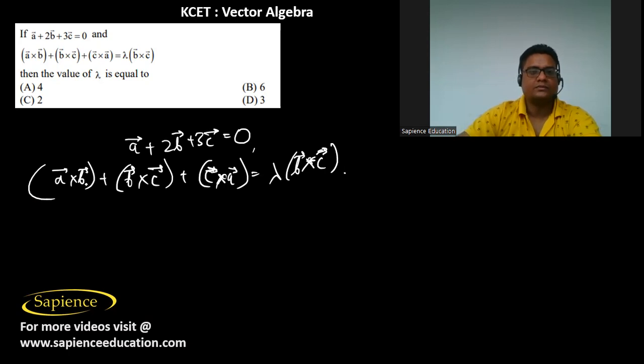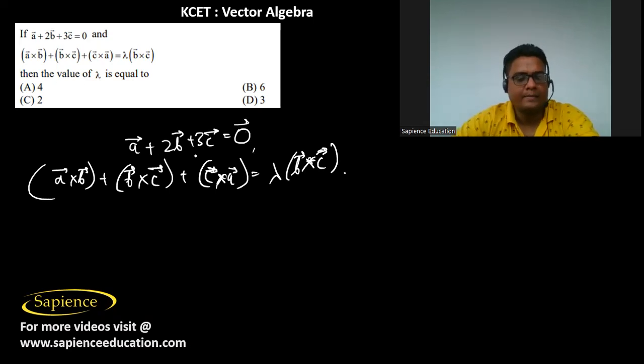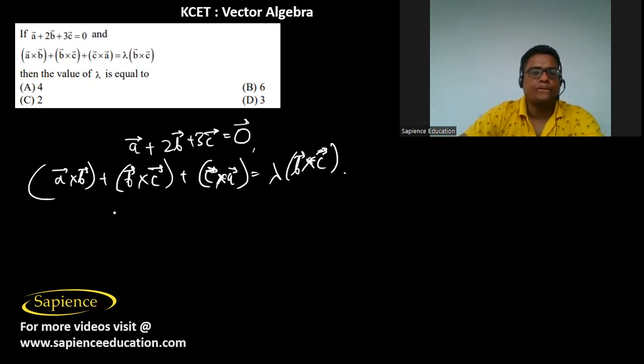Now, their sum is 0 vector. So here we can write a vector as minus of 2b vector plus 3c vector.